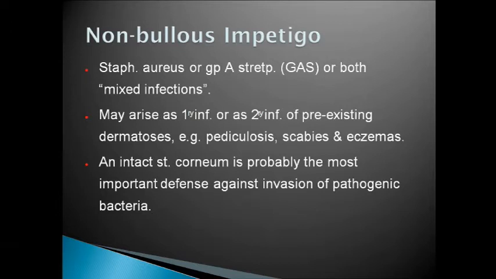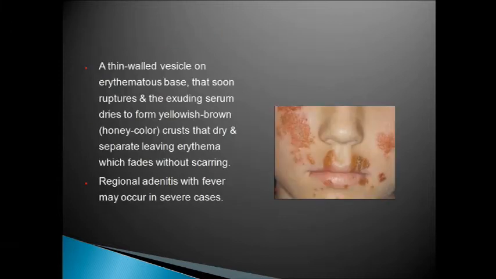Children play on the ground, touching all kinds of infected materials like shoes and things lying on the floor, and playing in dirt. From there they get these superficial infections over the abraded or denuded part of the skin.